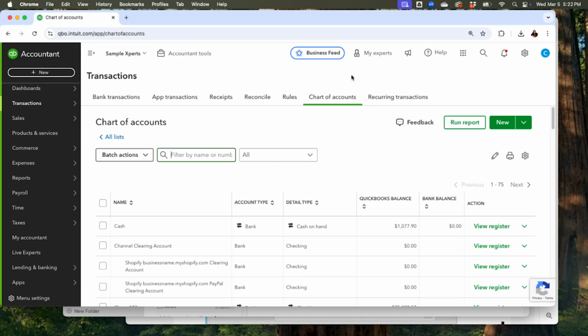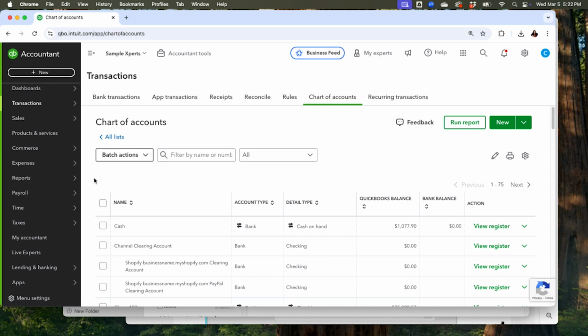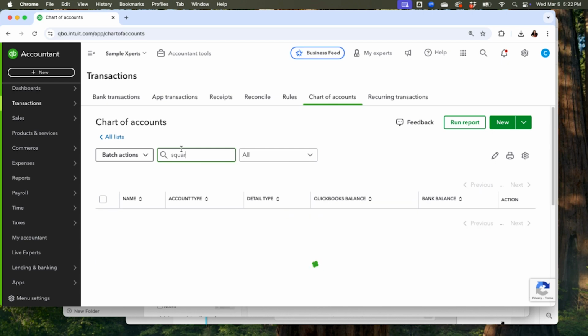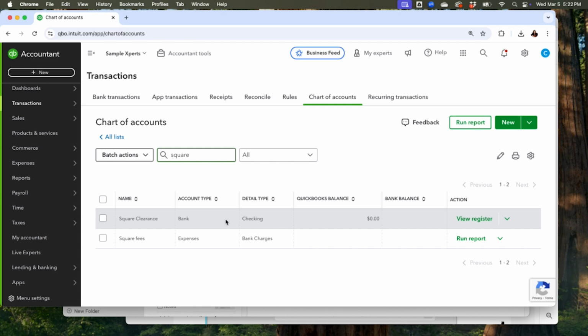So next step, you want to make sure that when you are creating this journal entry, that you have a Square clearing account. The Square clearing account is where all the sales are going to be recorded. Now, if you have a Square savings account, that's one reason that you do not integrate with QuickBooks.